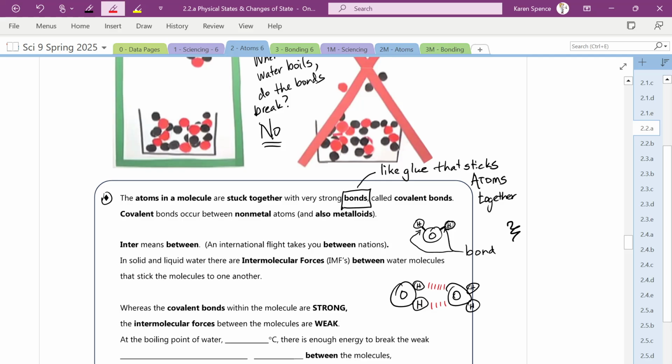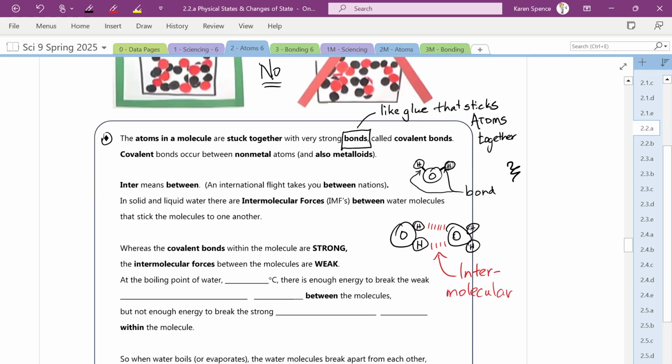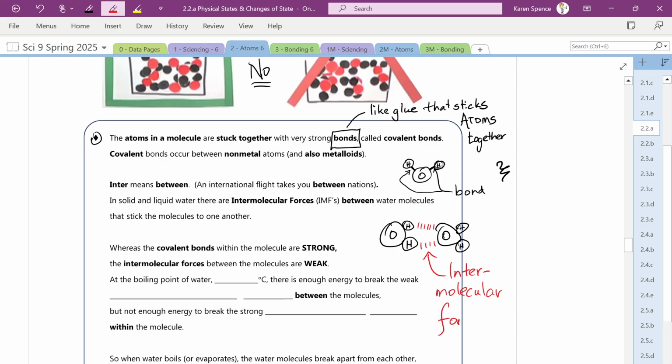Each water molecule acts like a little magnet, okay? And this is called an intermolecular force. Intermolecular force. And if you're lazy, you might just call that an IMF.